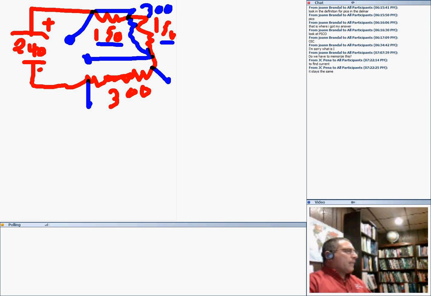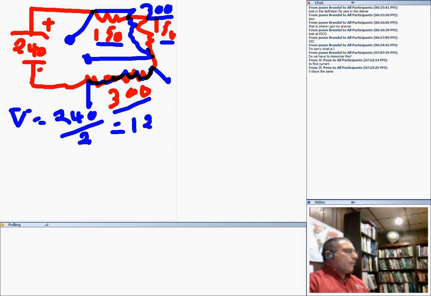Here is the 300 here and a 300 here. If resistors are the same value, sharing a voltage, the voltage across each of these resistors equals the 240 divided by the number of resistors. In the 300 and here 300, so divide this by 2 and get a healthy 120 volts. A healthy 120 volts.